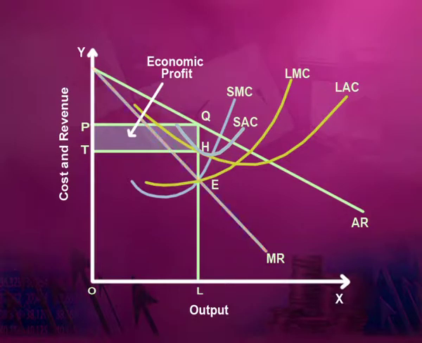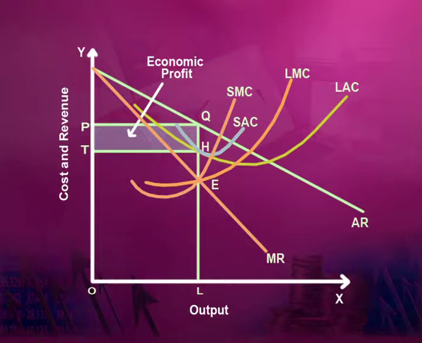In this figure, MR is the marginal revenue curve, AR is the average revenue curve, SMC and SAC are the short run marginal cost curve and short run average cost curve respectively. LMC and LAC are the long run marginal cost curve and long run average cost curve respectively.